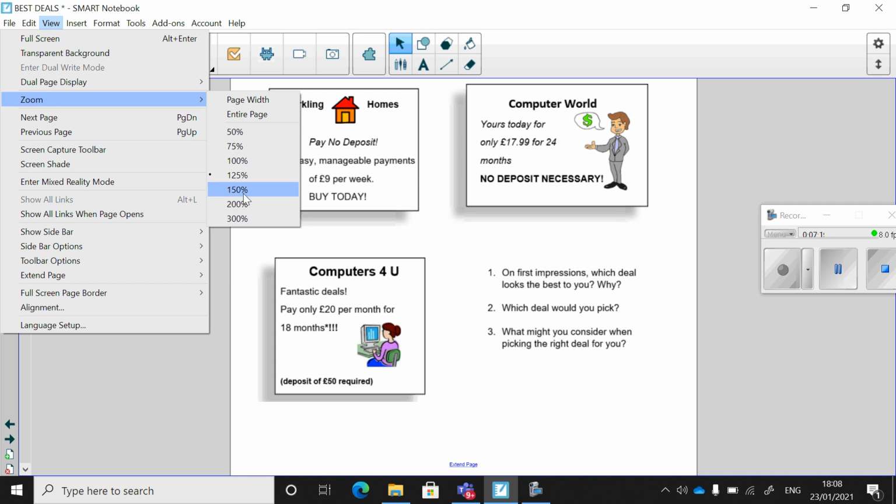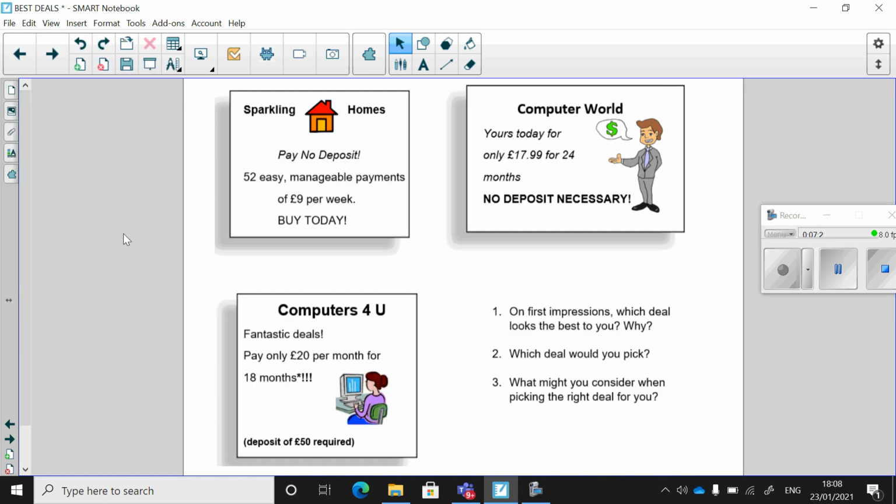I'm going to try and enlarge that there. Right, so it looks like the Sparkling Homes, Computer World, and Computers for You. You're going to go through this. Hopefully you can see this. Taking in the details, watch the small print.